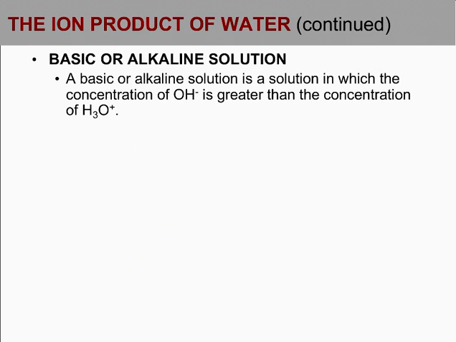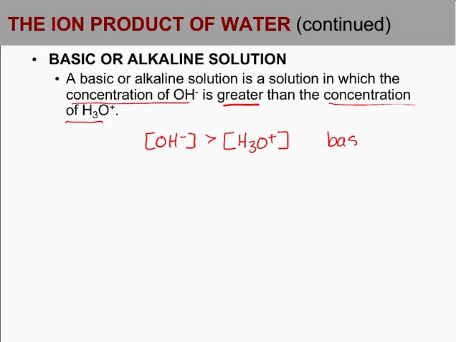Now, what about a basic solution, which sometimes we call an alkaline solution? So this is a solution where the concentration of hydroxide ions is greater than the concentration of hydronium ions. So we could say OH-, its concentration is greater than the concentration of hydronium ions in solution.